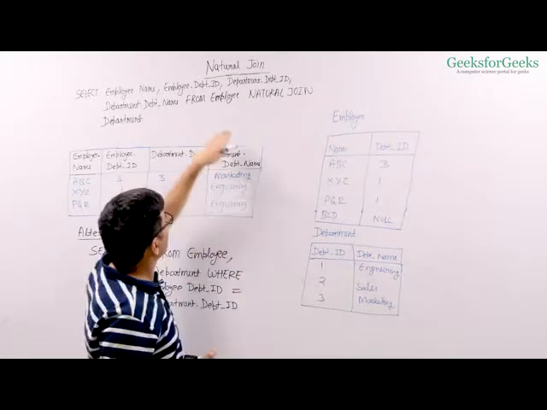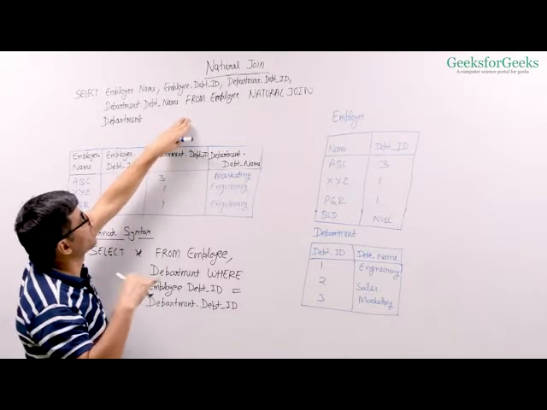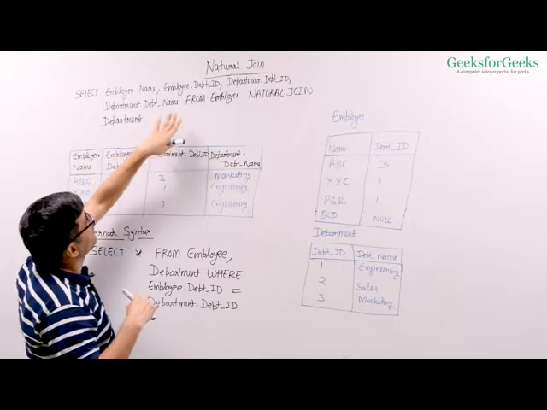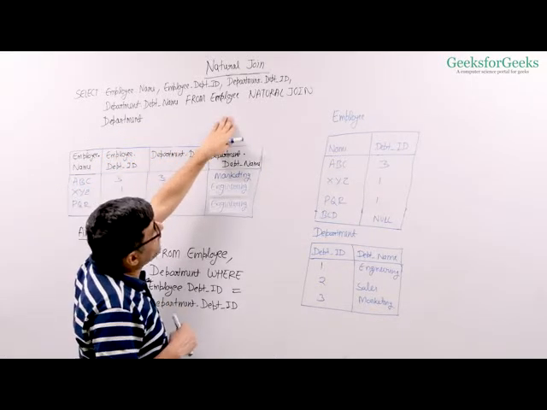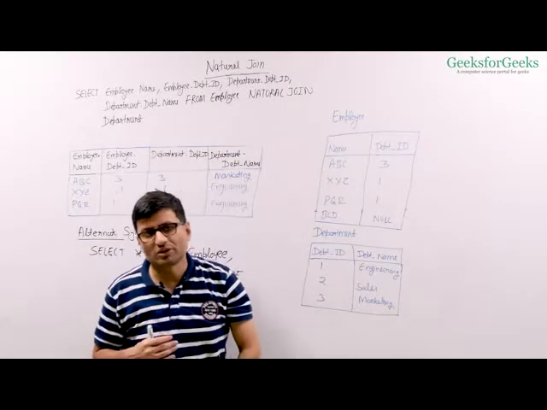So this is equivalent to writing the previous query that we wrote, inner join department on employee.deptid equal to department.deptid.